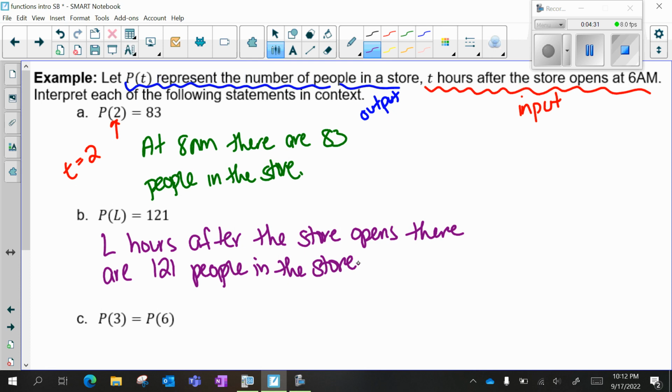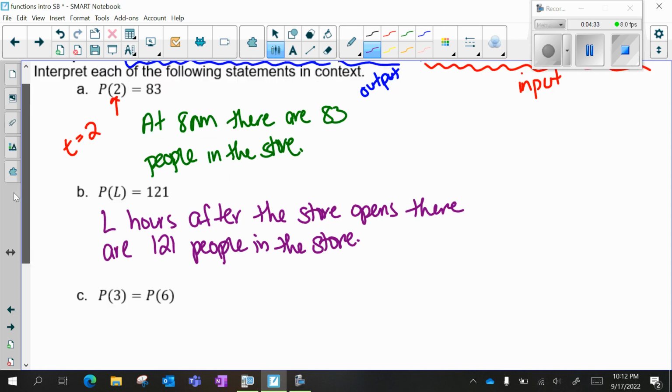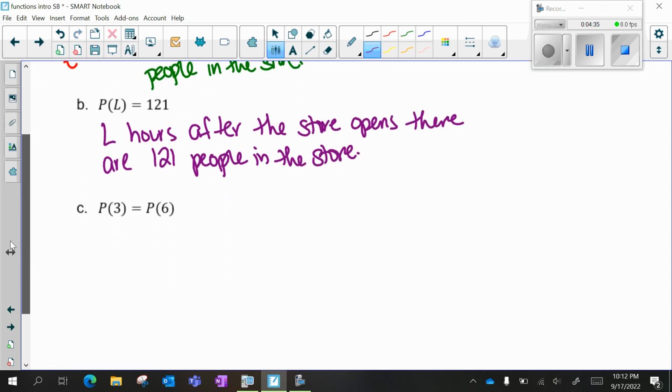And then C, P of 3 equals P of 6. So P of 3, that's T equals 3, which is 9 a.m. P of 6 is T equals 6, which is at noon or 12 p.m., whichever you'd like to write, and they're equal to each other.